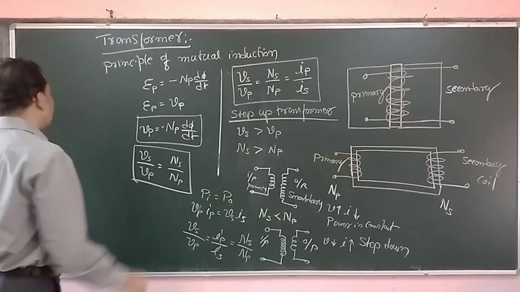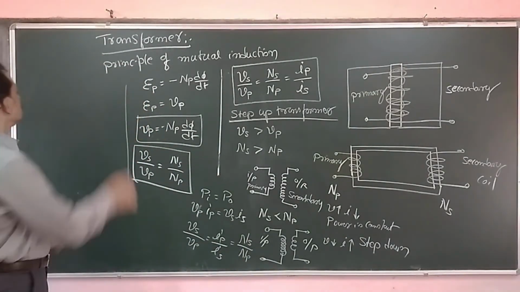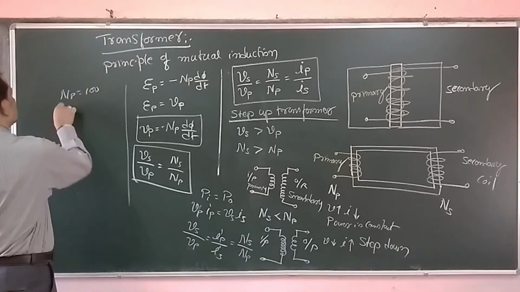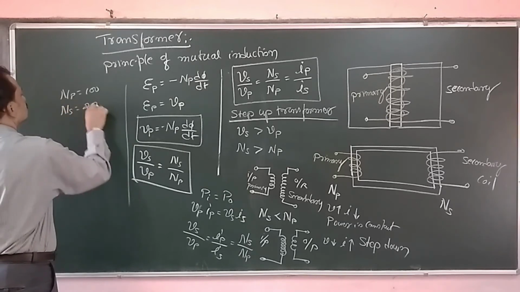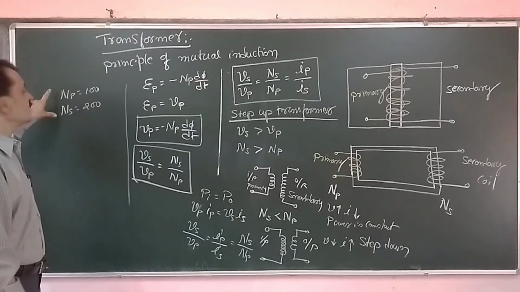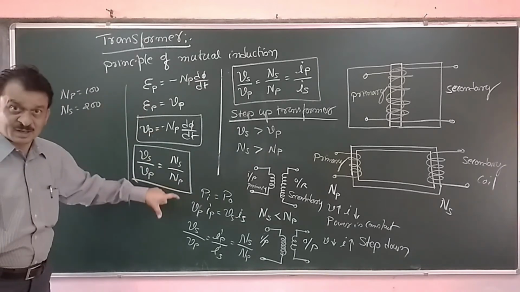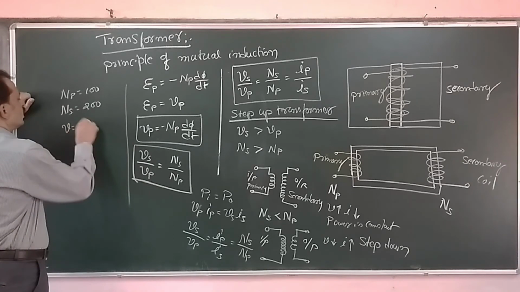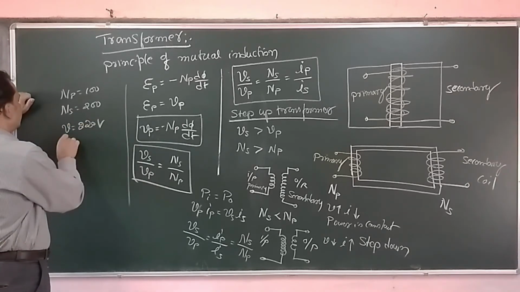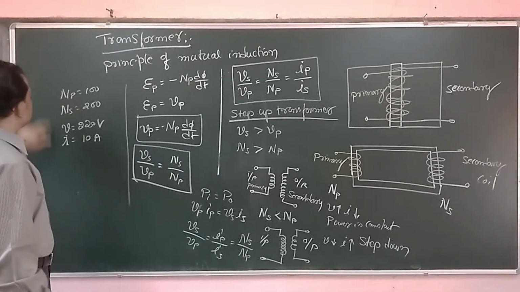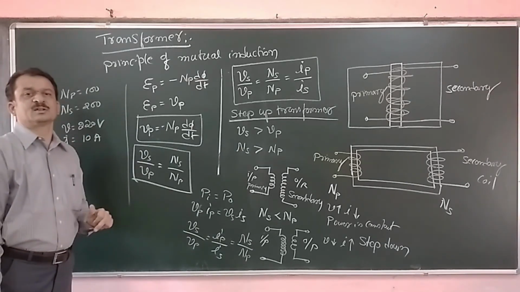Okay. Let me give one example. We have Np is equal to 100 turns and Ns is equal to 200 turns. Then is it step up or step down? Since the secondary turns is more than the primary turns, therefore it is a step up transformer. Now I am applying a voltage of 220 volts and a current of 10 amps to this transformer.